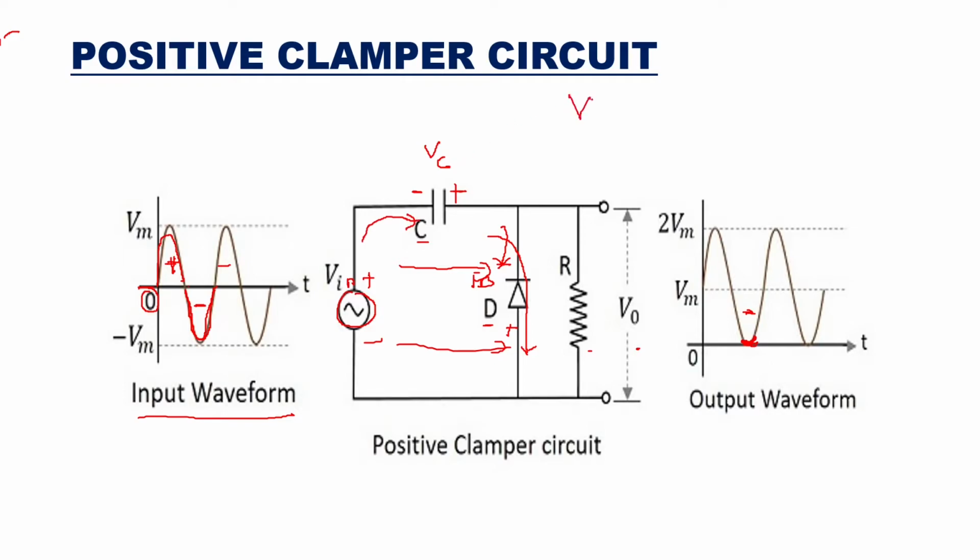So the output voltage will be the summation of the input voltage plus the capacitor voltage. The capacitor voltage is the same as the input voltage from the earlier case, so the output will be twice the input voltage. When the input is a positive half cycle, the output you can see here is twice the input voltage.